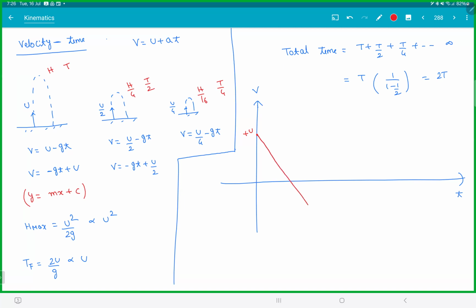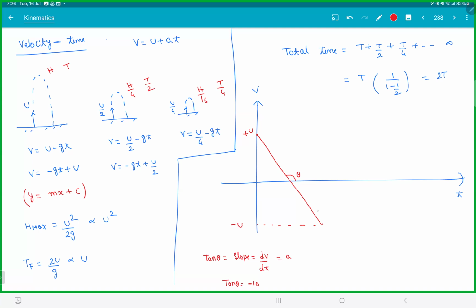It goes down till minus u. This angle is theta. You can get even more information. Now we know tan theta is the slope, and slope is nothing but dv by dt, which should be the acceleration. So in our case, tan theta should be minus 10. So in the exam they can ask thetas also.